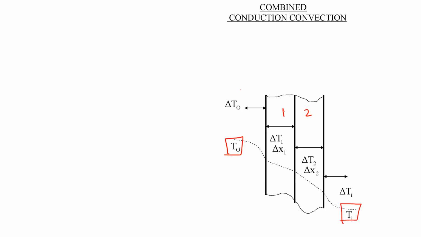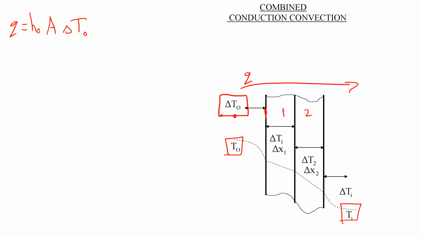So I'd have heat transfer flowing this way, Q. If I were to quantify that, my Q, the heat traveling through, would first travel from the outside air to the outside wall surface, right? So that would be governed by convective heat transfer. Remember, where delta T0 represents the temperature difference between the outside air and the outside surface.